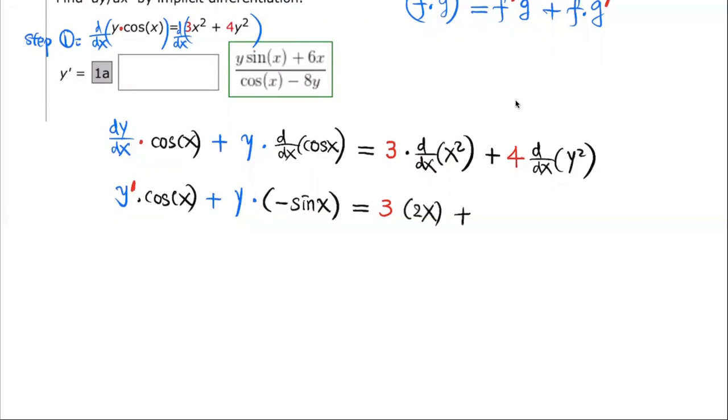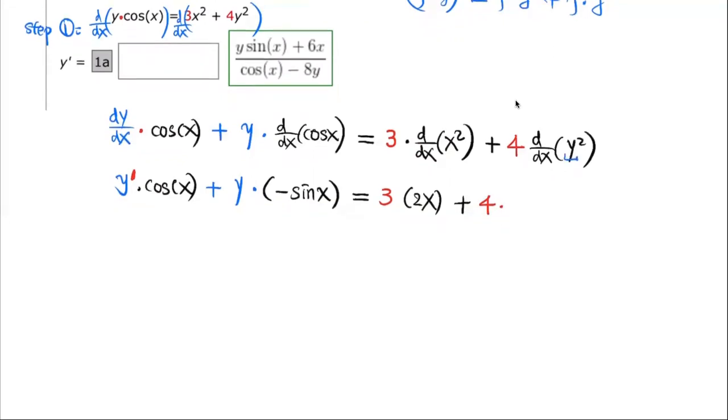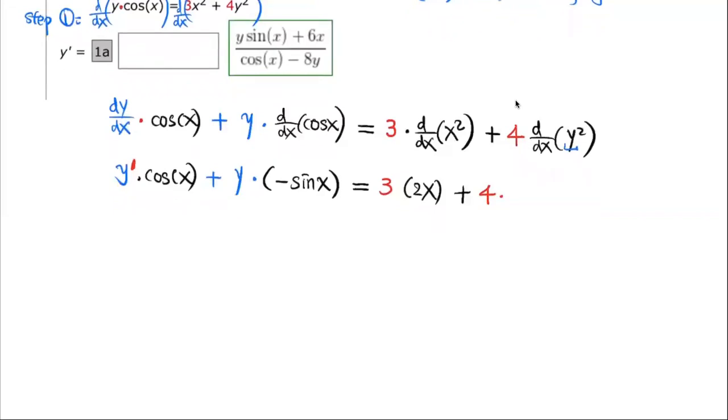Plus, now we have the 4 here. Be careful here. The y squared looks very simple, however it is a composite of 2 functions. The outer function is a square function, and the inner function is y. Y is a function of x.